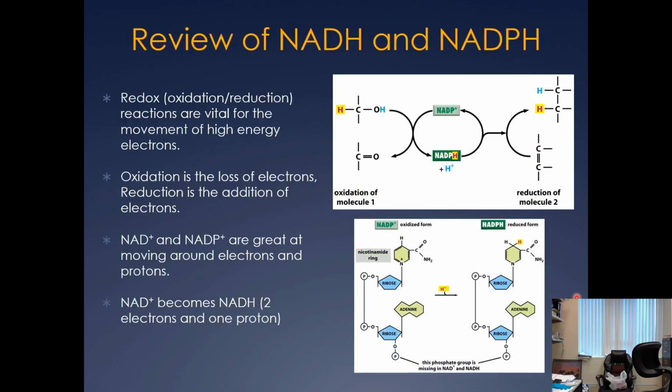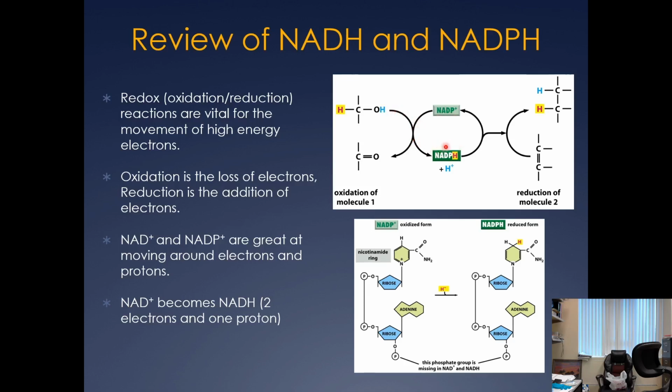We've also covered, in quick review, oxidation and reduction. This is something that I consider really important. I really want you guys to know and appreciate this. Reduction is the take-up of electrons, and oxidation is the loss of electrons.